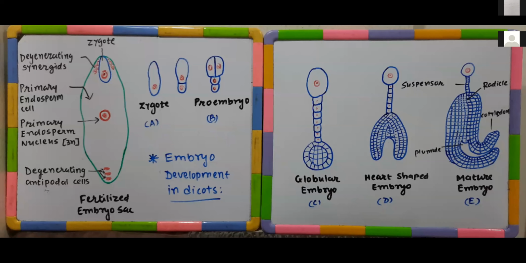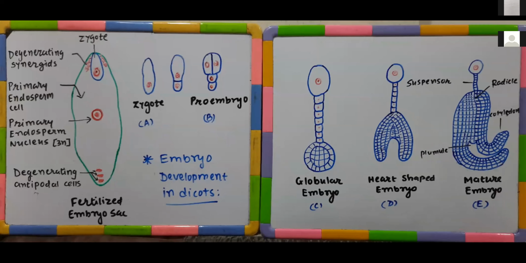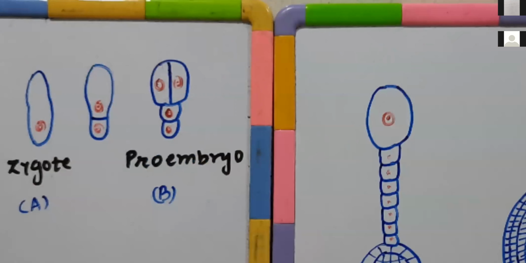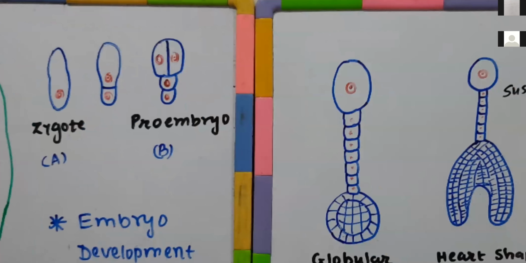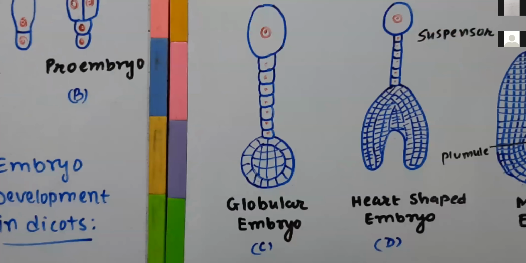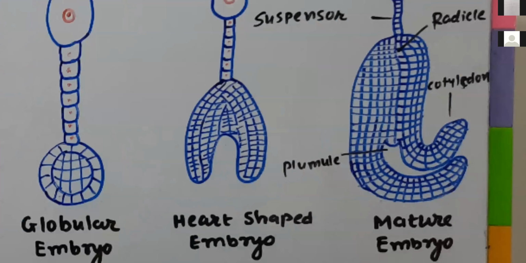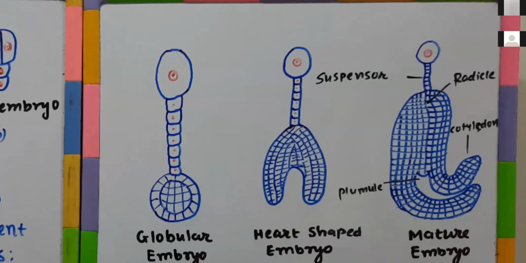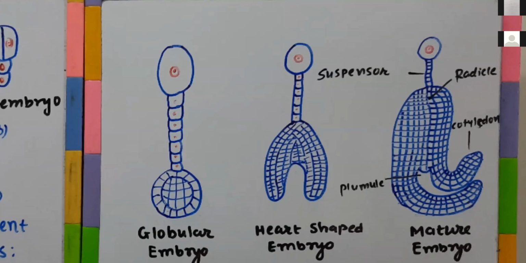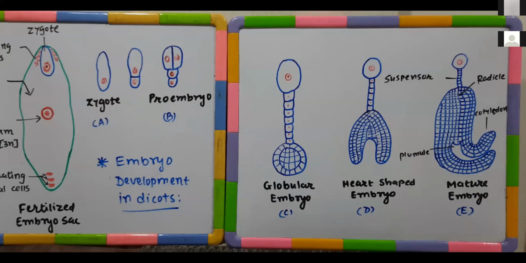As far as details of this process are concerned, how the zygote becomes proembryo and how that transforms into globular stage and then heart-shaped embryo and subsequently the mature embryo with the different parts which are labeled over here, I guess this is out of syllabus and not likely to be asked. So I recommend it will not be asked, so no need to prepare it in detail.